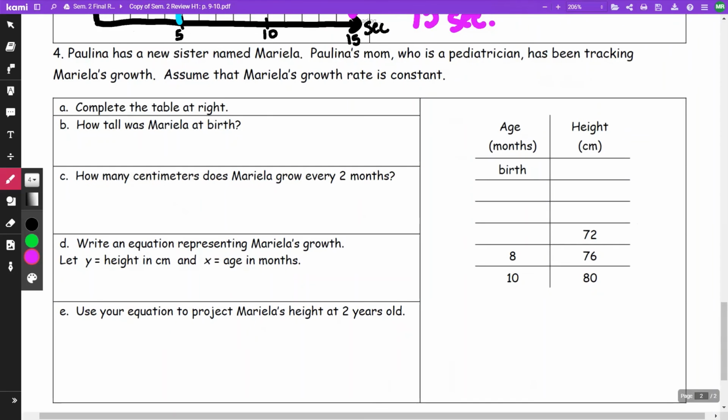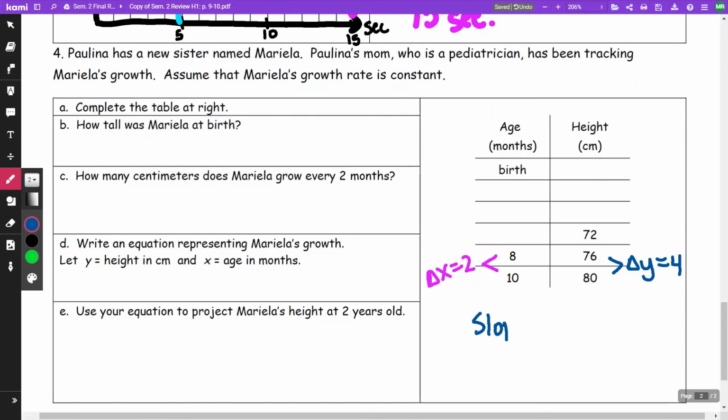Okay, so when I'm doing this, I want to pay attention to my change of x, which is 2, going from 8 to 10. My change of y is 4, from 76 to 80.